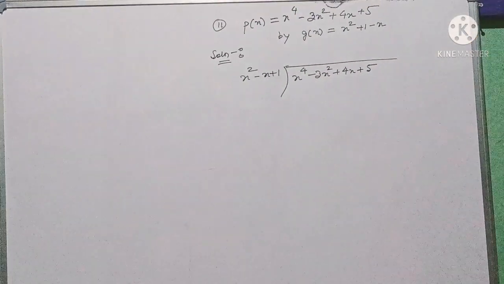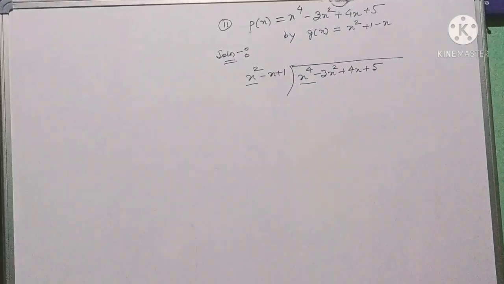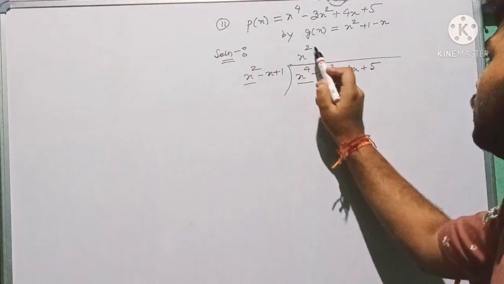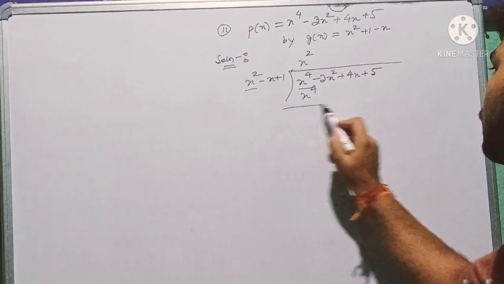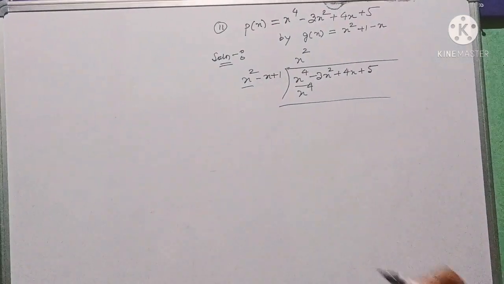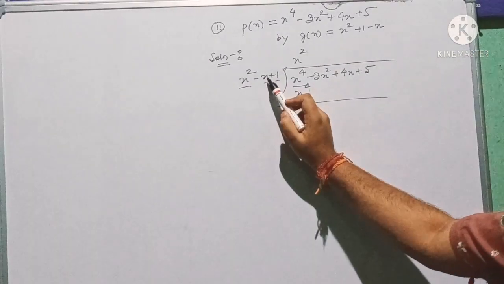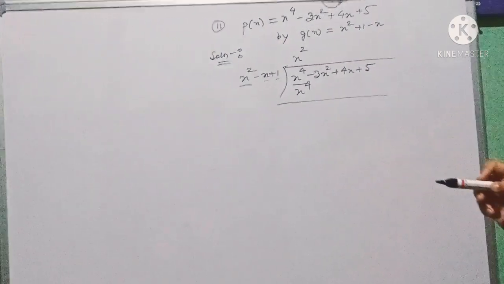Now you see this term x square here, we have to supply more x to get x to the power 4. x square into x square is x to the power 4. Whatever you do with this term, you have to do with the rest of the terms also. So minus x into x square is minus x cube.